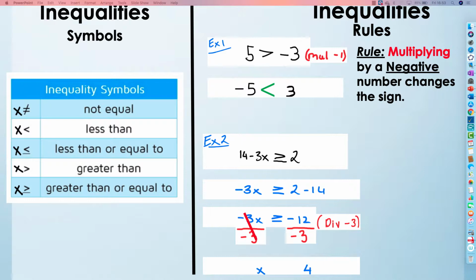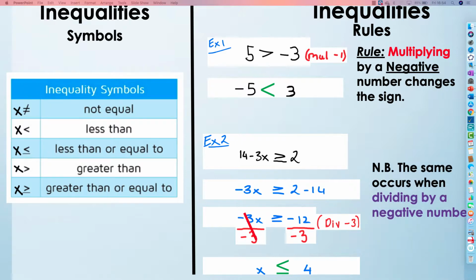Exactly. So now my sign becomes x is less than or equal to 4. Is that okay? Good stuff. So that's the rule there. Multiplying by a negative number, the sign flips. Dividing by a negative number, the sign flips.